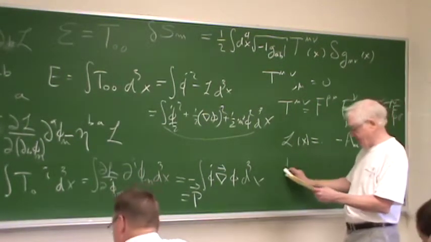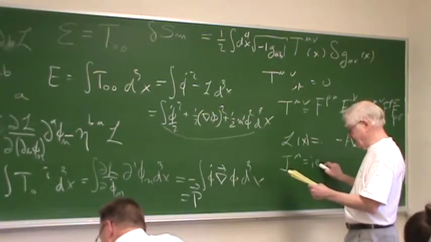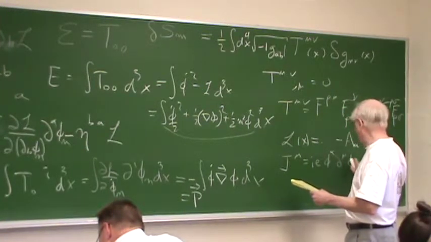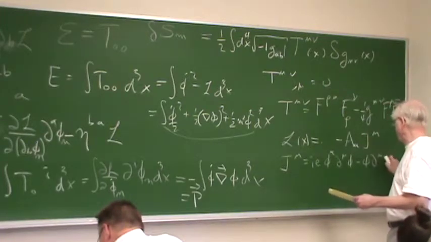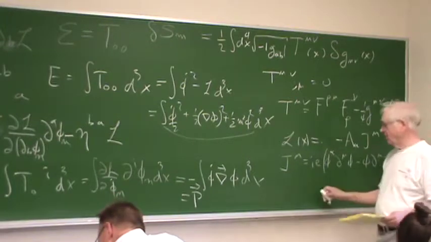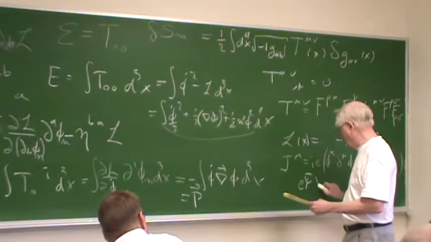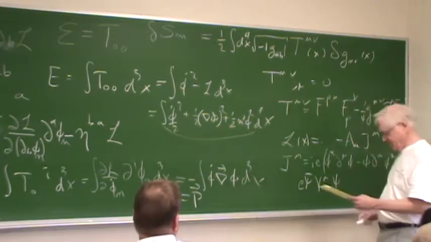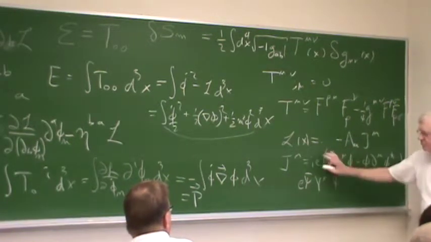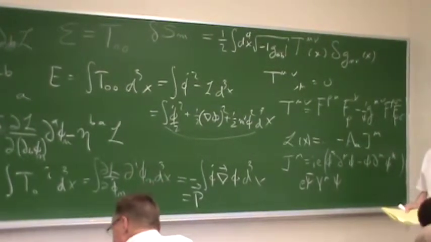So later we say something like J mu is I e phi star d mu phi minus phi d mu phi star with a plus or minus sign, or it's equal to E psi bar gamma mu psi. Those are examples. We'll understand this later, but those are the various currents.